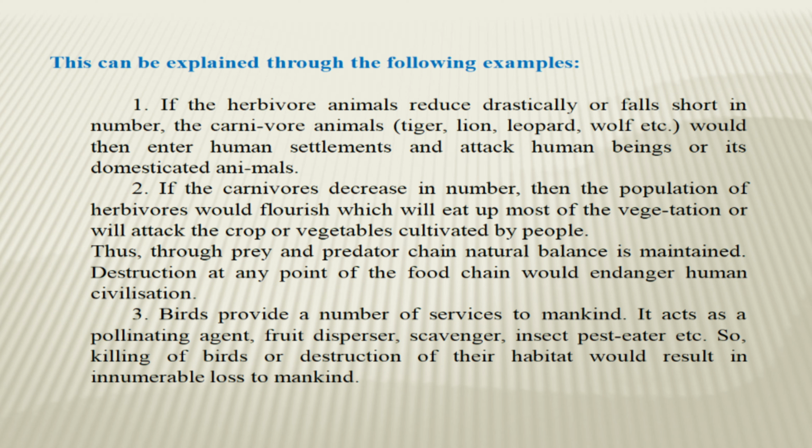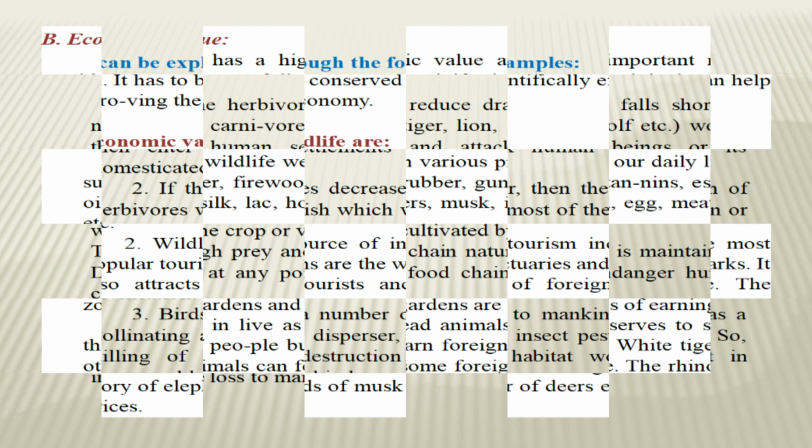Destruction at any point of the food chain would endanger human civilization. Birds provide a number of services to mankind. They act as pollinating agents, fruit dispersers, scavengers, insect pest eaters, etc. So, killing of birds or destruction of their habitat would result in innumerable loss to mankind.